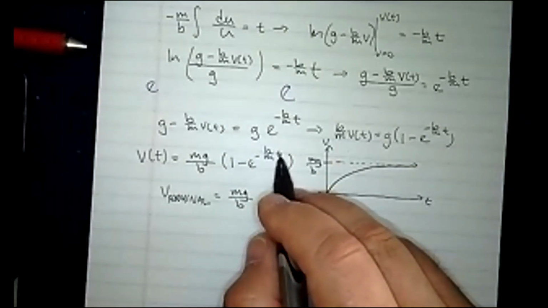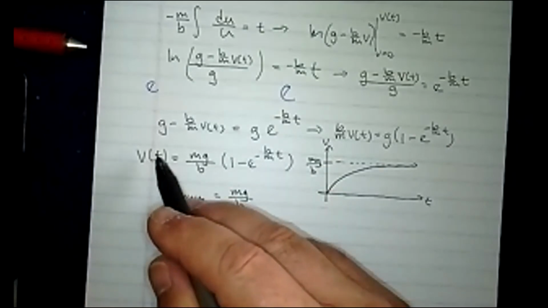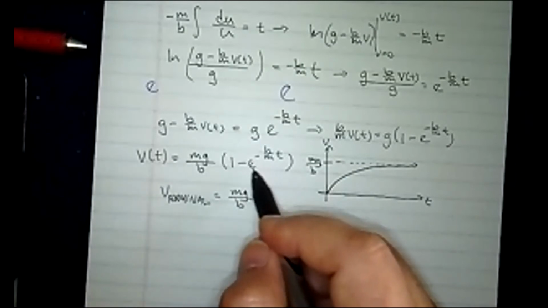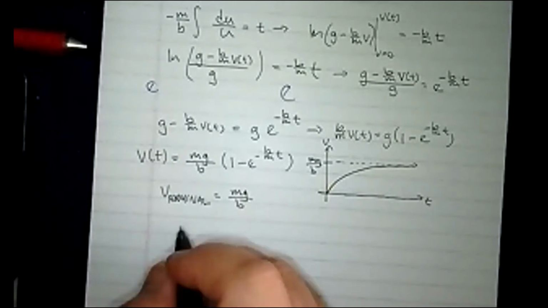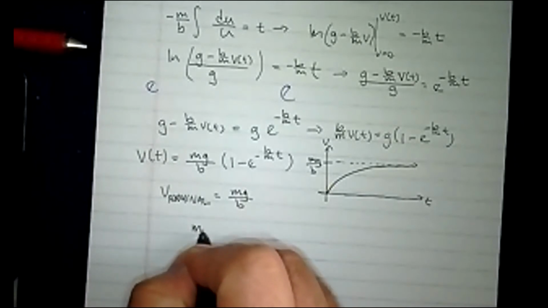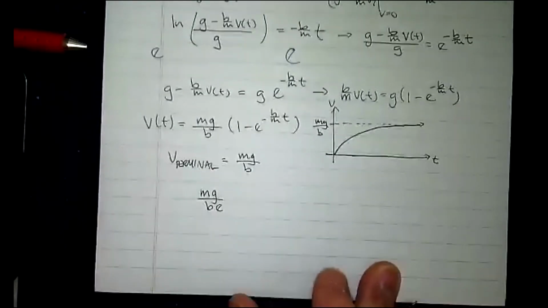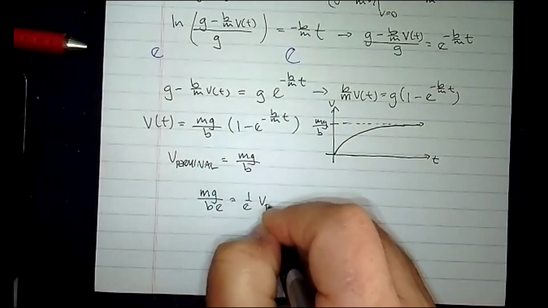I think you can see if you put in the velocity mg over b times just the plain base e, you can solve for the time. So let's give that a try. Let's say I want to know when the velocity becomes mg over be, which is 1 over e times v terminal.